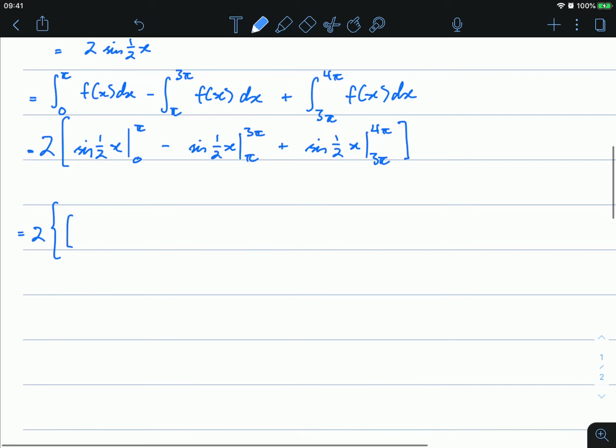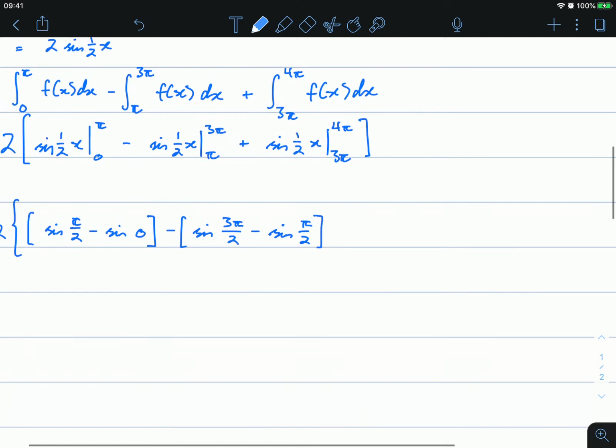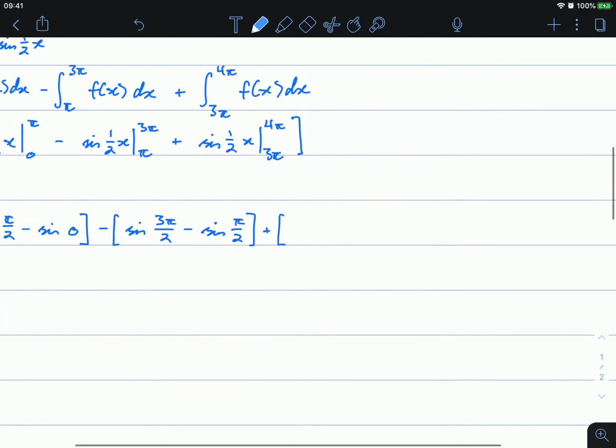For the first one, it's going to be substituting pi, so sine pi on 2 minus sine of 0, because half times 0 is just 0, minus, substituting 3 pi, sine 3 pi on 2 minus sine pi on 2, plus, substituting 4 pi, that becomes sine 4 pi on 2, which is just 2 pi, minus sine 3 pi on 2.